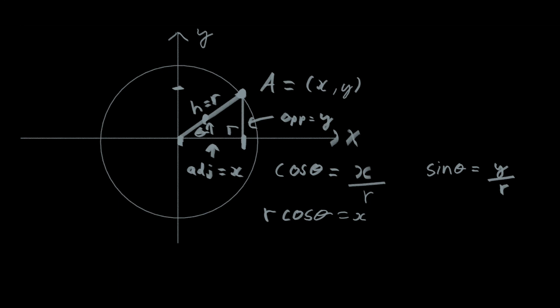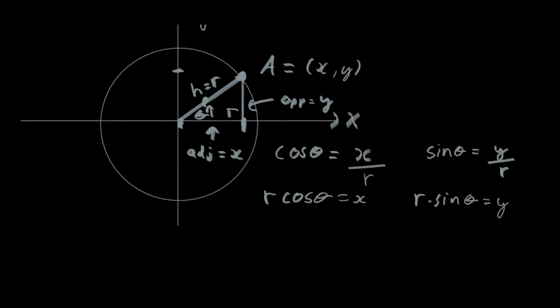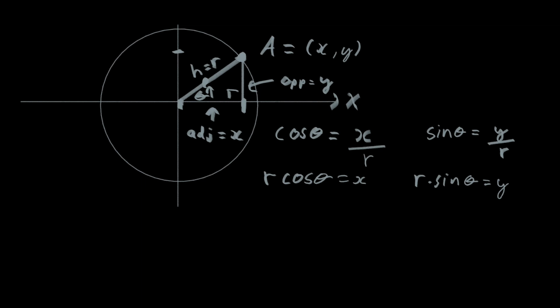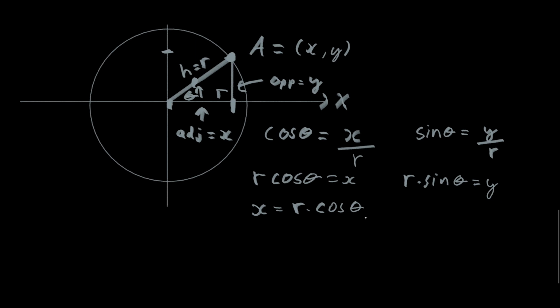But if we want to isolate y, we multiply both sides by the radius, and that would cancel on the right hand side, and we'd be left with r times the sine of theta equal to y. So x is equal to some radius times the cosine of our original angle theta, and y is equal to some radius times the sine of our angle theta.